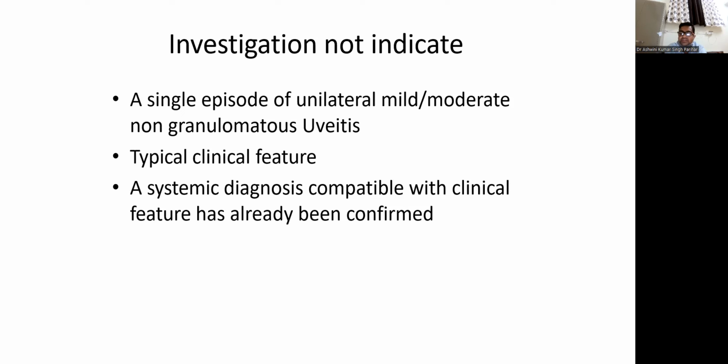If the patient presents for the first time with mild to moderate uveitis, and preferably if it's uniocular, then it's not mandatory to investigate with all the investigations. The patient should be treated, though.